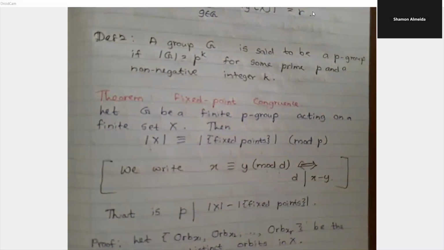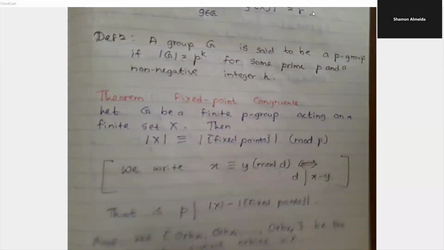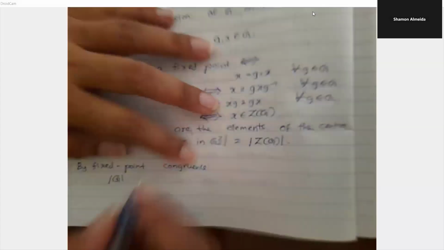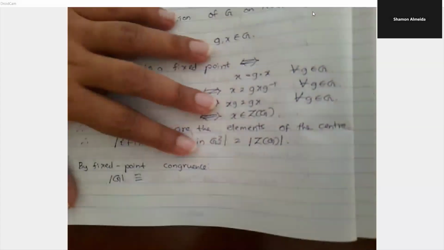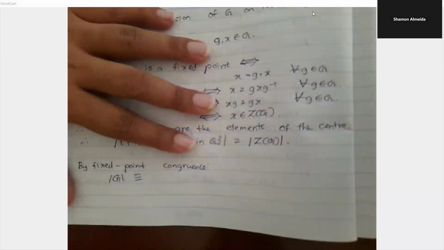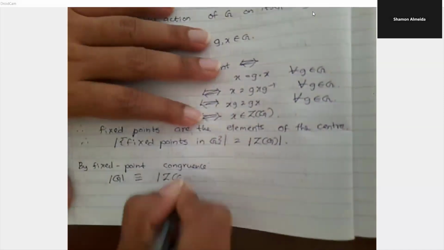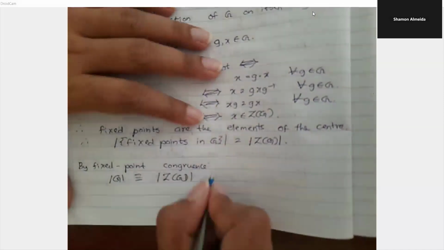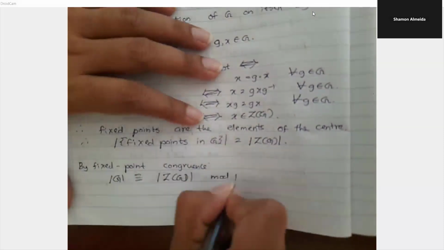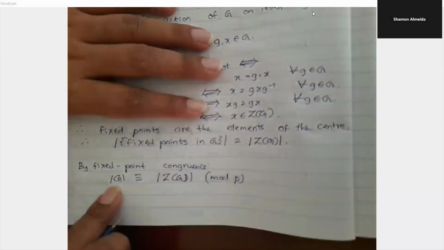So X is G in this particular case. That's why instead of the order of X, we have the order of G, right? The order of G is congruent to the order of the set containing the fixed points. Because we have shown that this is equal to this, we have the order of Z of G modulo P.